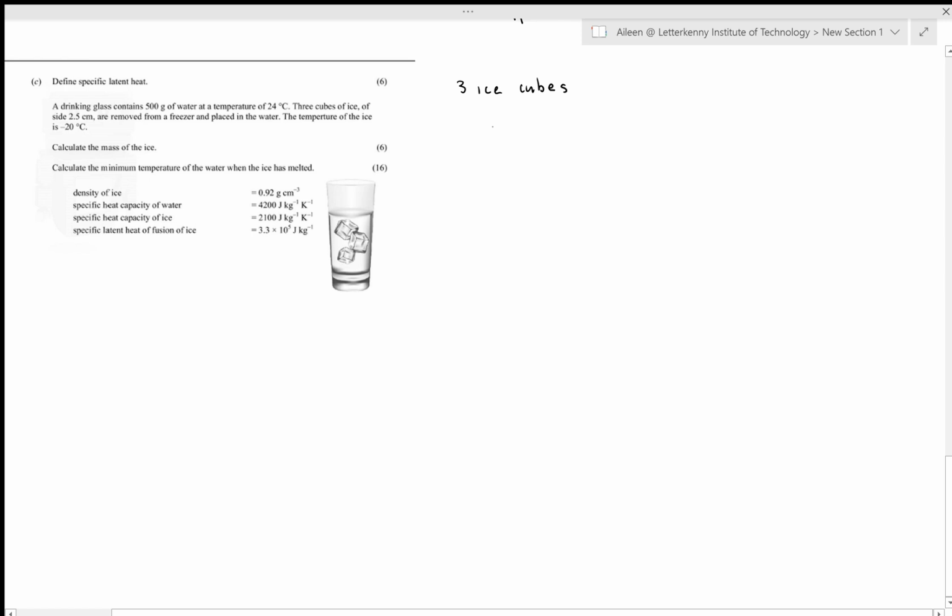And we're told the length of each side is equal to 2.5 centimeters. We're also told the density of our ice as 0.92 grams per centimeters cubed. How can I use this information to find my mass?